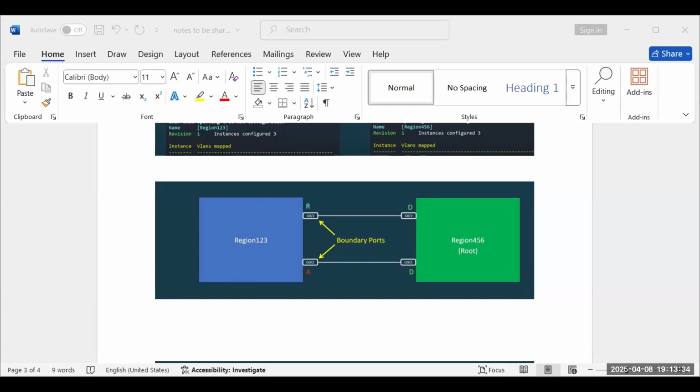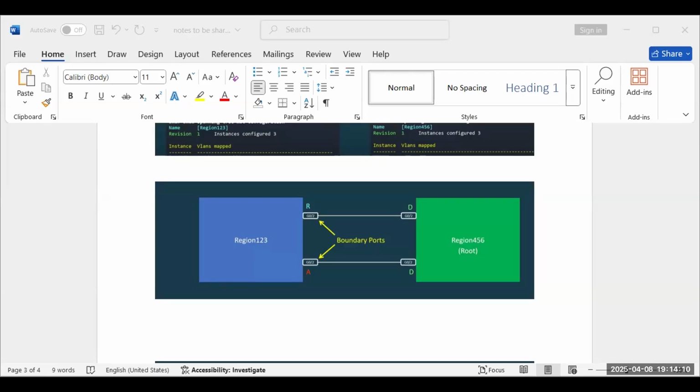Next, the common and internal spanning tree, as we said, is a combination of each region's IST and the CST. Together, we call it the common and internal spanning tree. The CIST regional root functions as the root bridge of the regions in the IST root.